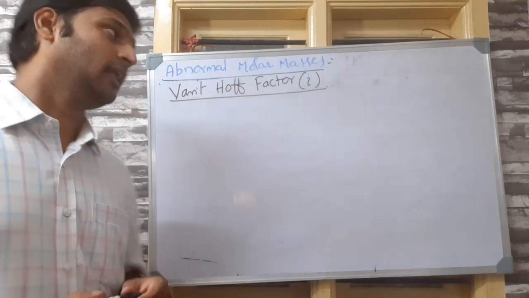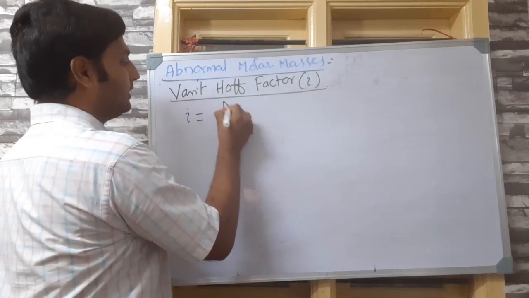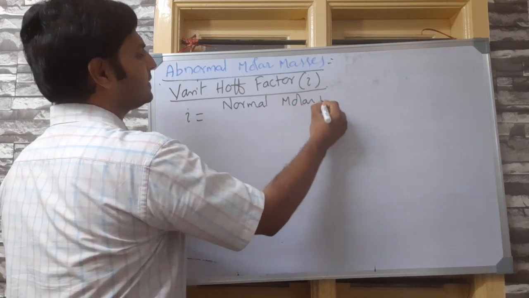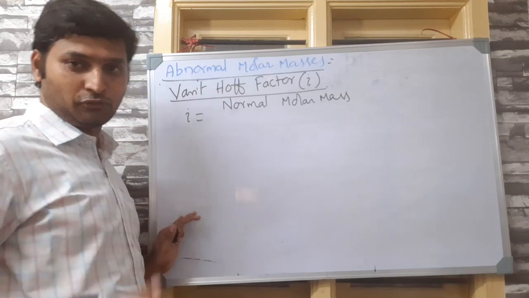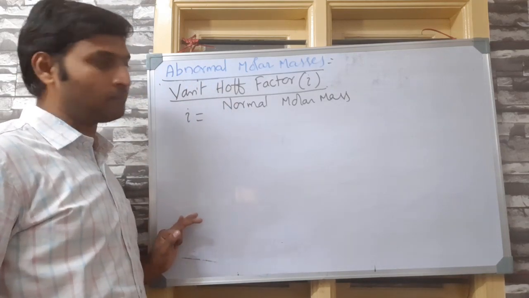Okay, and Van't Hoff factor i I basically can be defined as normal molar mass, that is expected molar mass. Like for KCl it was supposed to be 74.5, for acetic acid it was supposed to be 60, and so on and so forth.